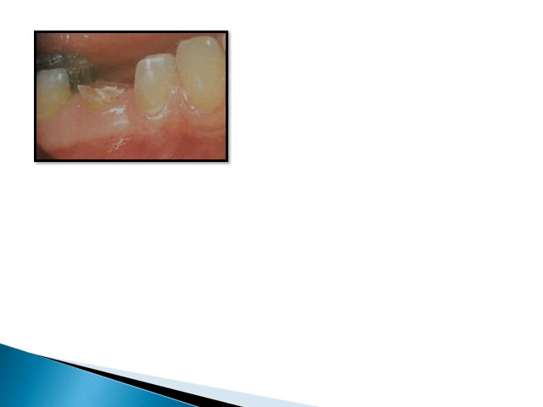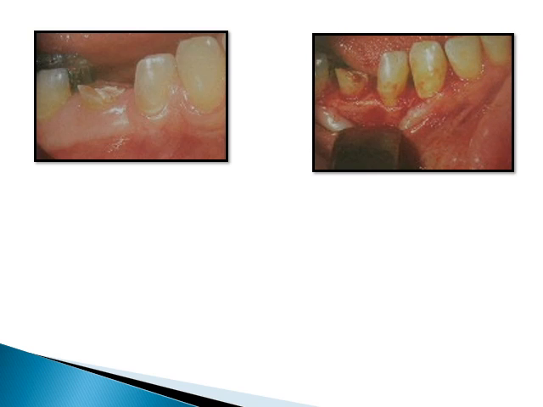We also use the apically positioned flap for crown lengthening surgery.